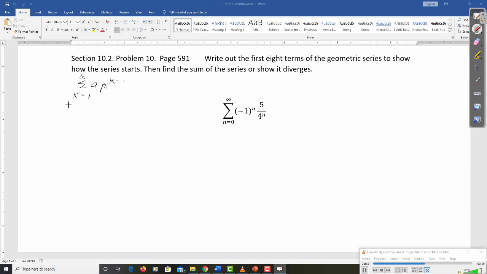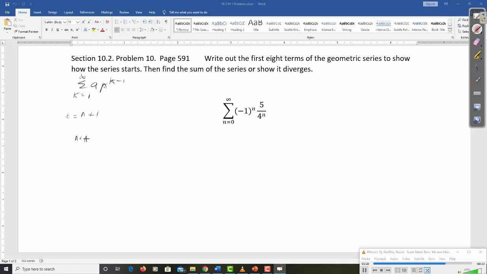Now if you re-index a little bit, that's something you can do, if you want this to start from 0 instead of 1 to match up with this, then if I want 0 here, it means I need k equals n plus 1.